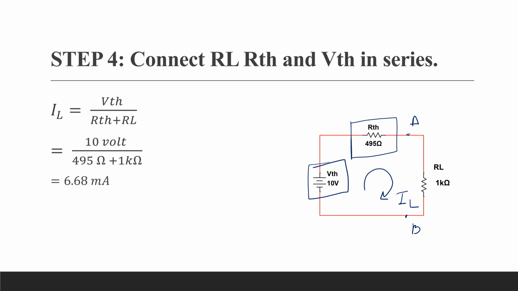So IL is equal to Vth divided by Rth plus RL, as Rth and RL both are in series. Putting the values in the formula, Vth is 10 volt, Rth 495 ohm, RL 1 kilo ohm. Your answer is 6.68 milliampere.